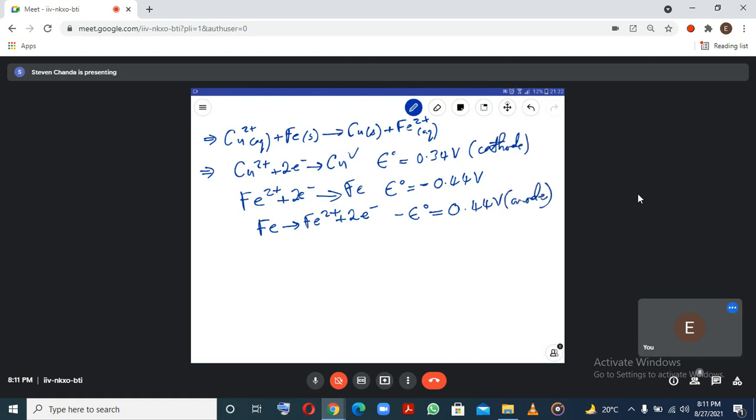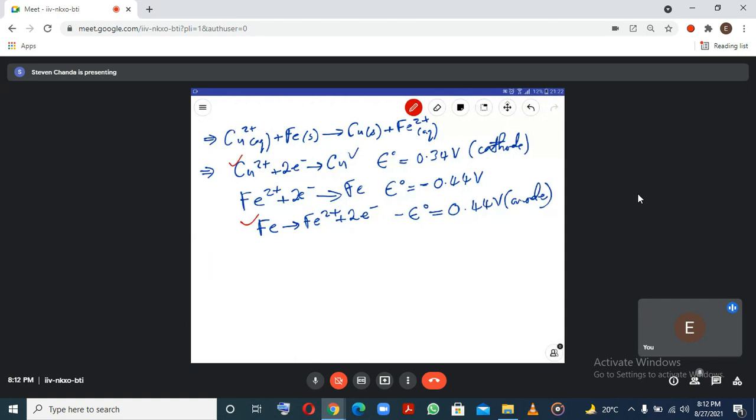What is important then is to say how many electrons were transferred in this reaction. So you want to make a single equation from here by adding these equations.